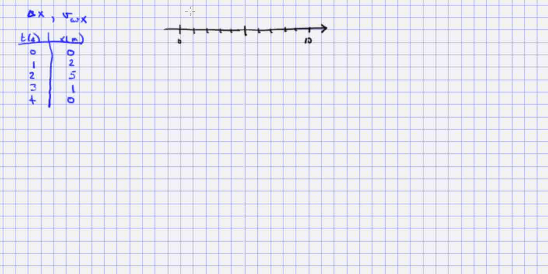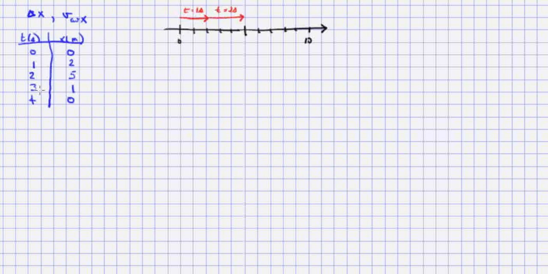And so I start at position 0, and during second 1 I move from here to here. That's t equals 1 second. And then during the second second I move from 2 to 5. T is equal to 2 seconds.